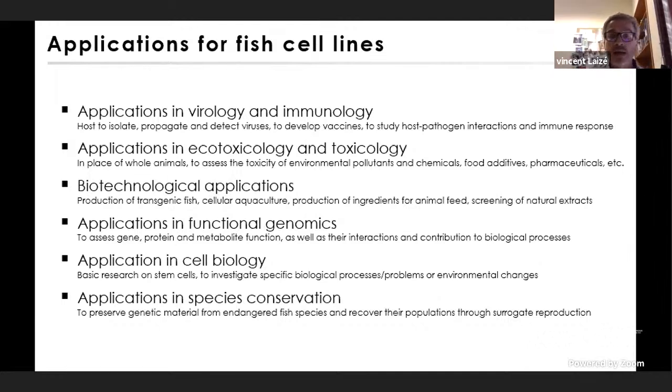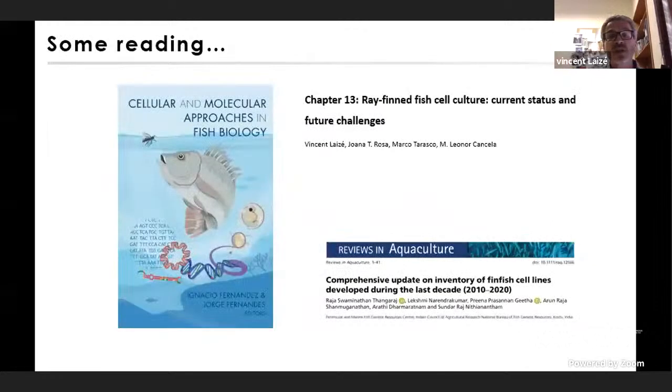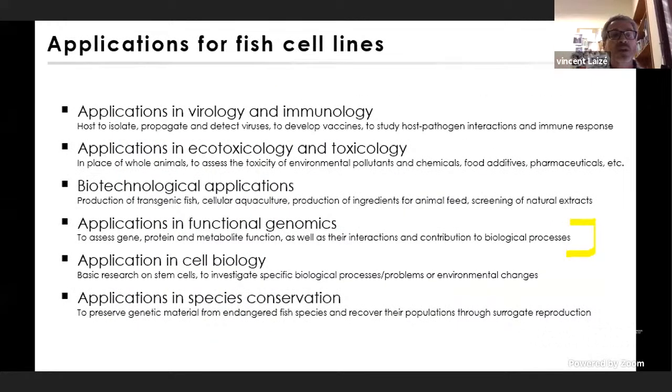So you can have studies aiming at gain of function or loss of function. And there are a number of articles that have been using fish cell lines for functional genomics. Let's go a little bit quicker on that.